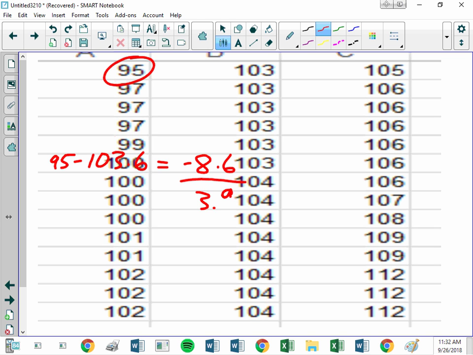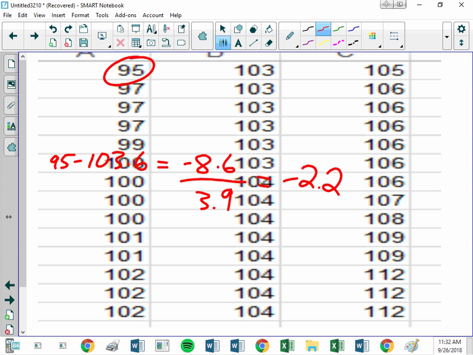Divide that by 3.9. And I get negative 2.2. What does that mean? Negative 2.2, or 2.2 SDs less than average. Okay?